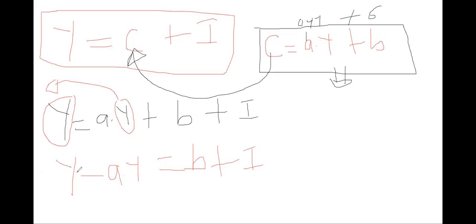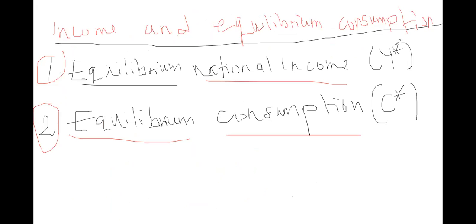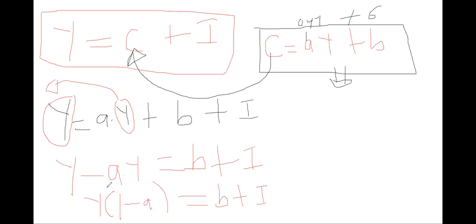The common factor there is y. So this will give us y times 1 minus a, which equals b plus investment. Remember, the goal here is to find the equilibrium national income.